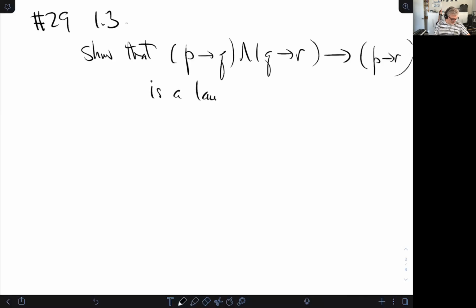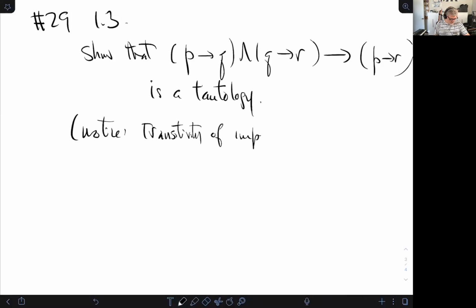If you just look at what this says, it's the transitivity of implication.